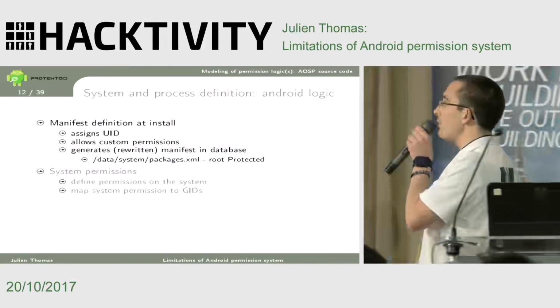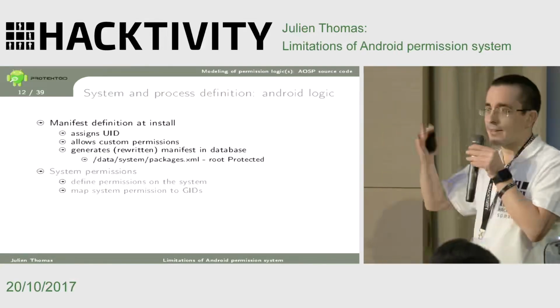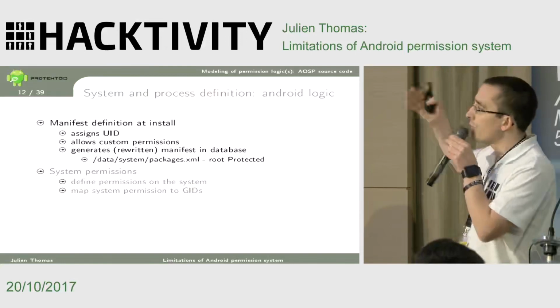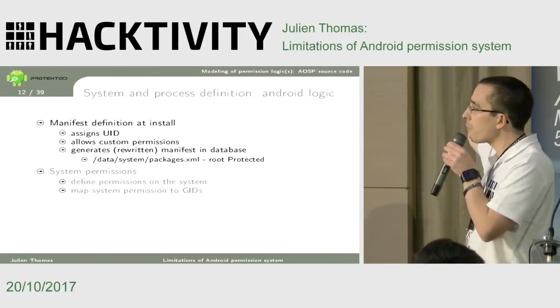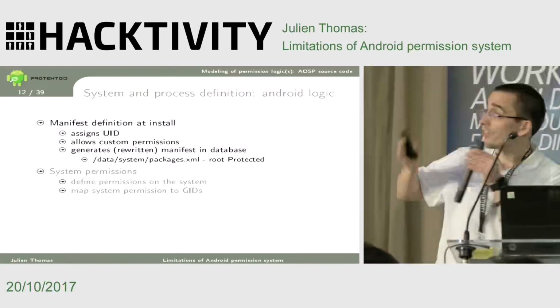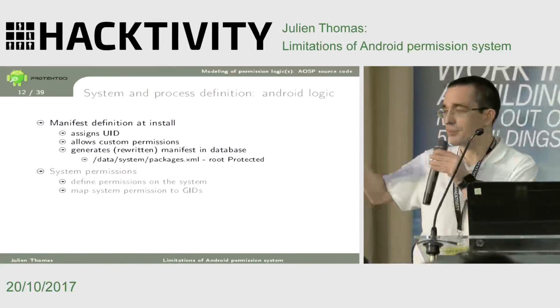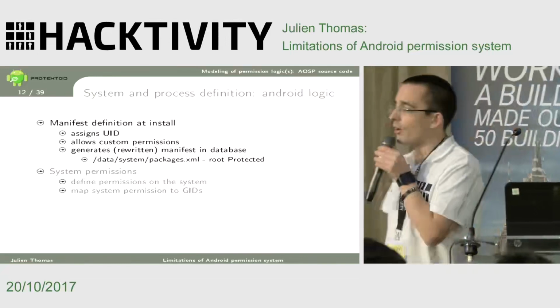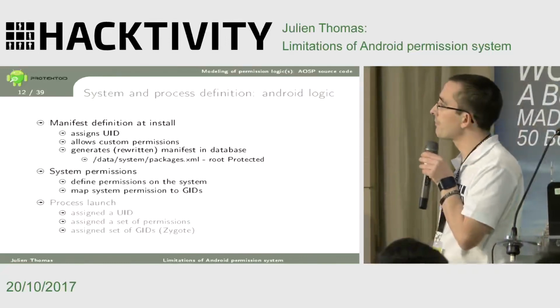When you have the system permissions, they are predefined, so it will depend on the manufacturer. But if we stick to the Android Open Source Project, you have main permissions such as internet that are associated with a group ID. All of that is predefined when the device is shipped to you.